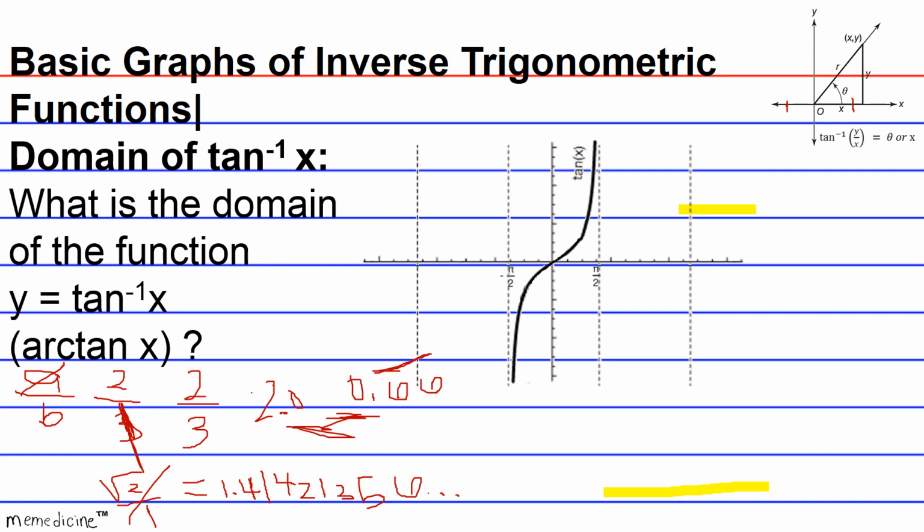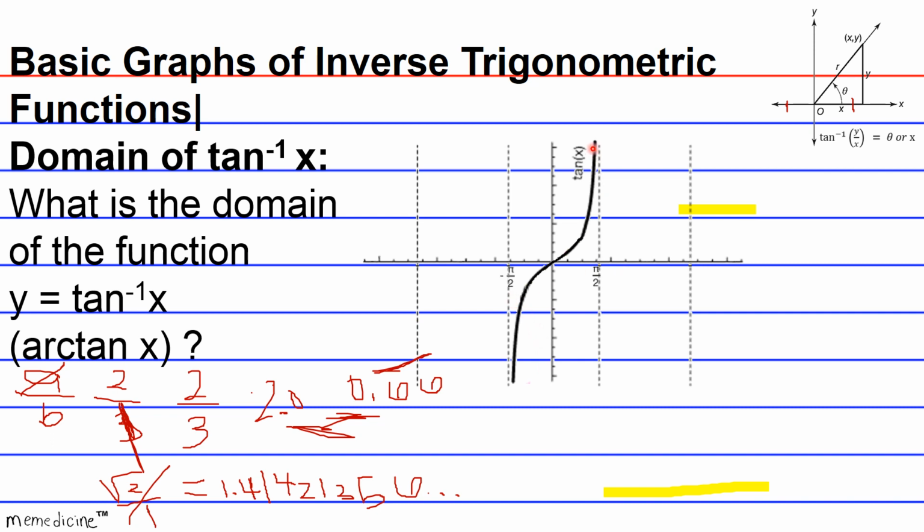And in the world of trigonometry, restriction can be done arbitrarily, but the region used for the inverse tangent of x is usually going to be negative pi over 2 to pi over 2, okay?